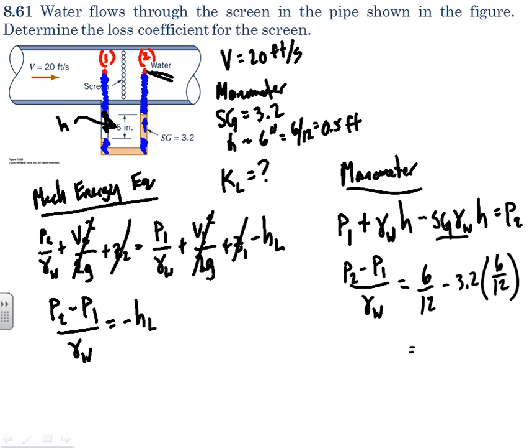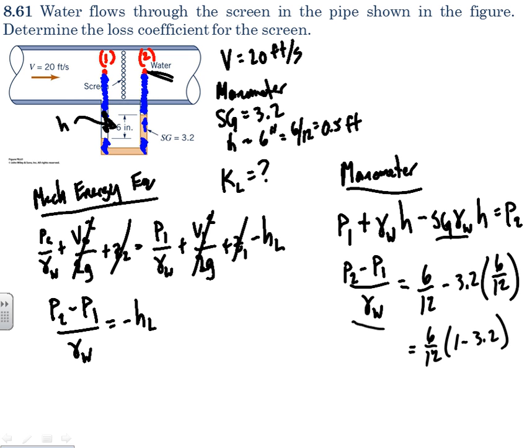So this is just going to equal 6 over 12 times 1 minus 3.2.